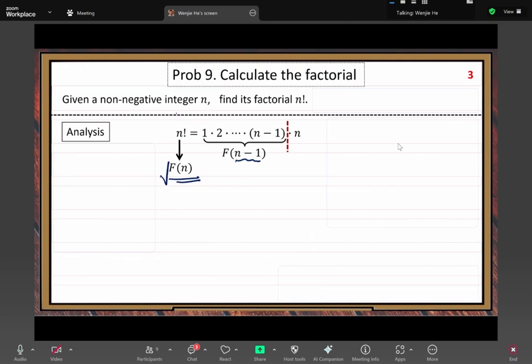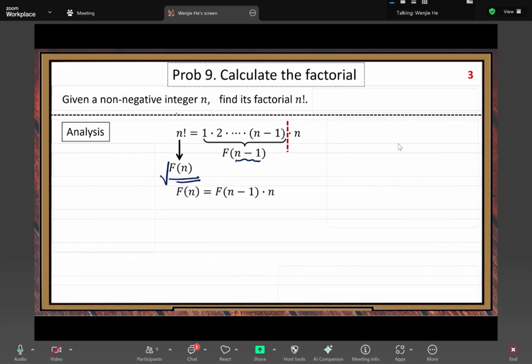At the beginning, it may not be available, but sooner or later, it will be. Then the recursive formula is f of n equals f of n minus 1, the problem of previous size.